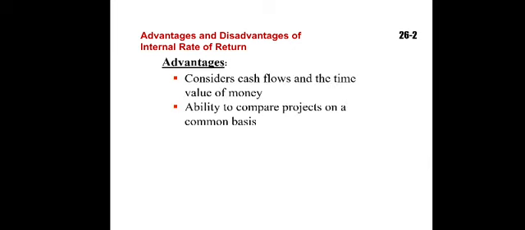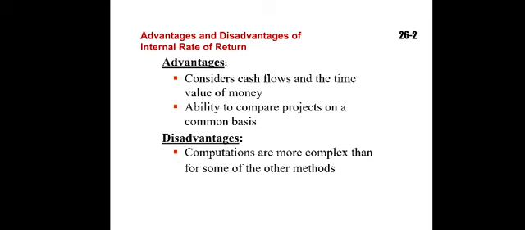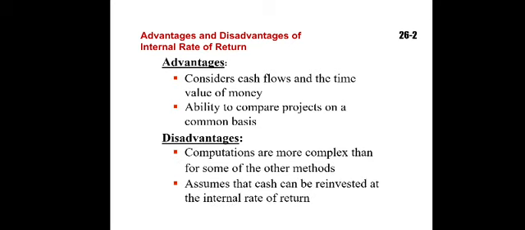This method has several advantages and disadvantages. As far as I can remember, the internal rate of return method is the best method. It considers the return and also it uses the present value method.